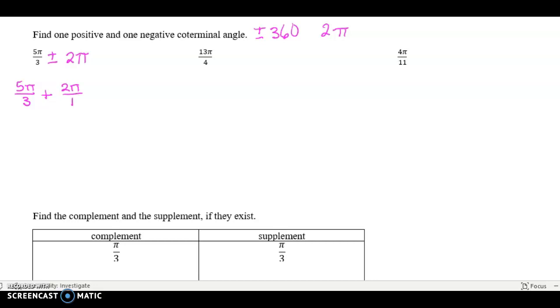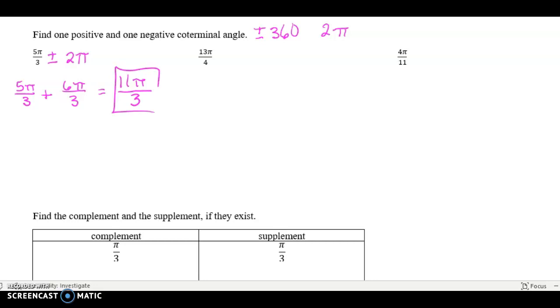Well, I'm going to need a common denominator. My common denominator will be 3. So I think that would be 6 pi over 3. 6 pi over 3 is the same as 2 pi, only we have a common denominator. And that would give me 11 pi over 3.